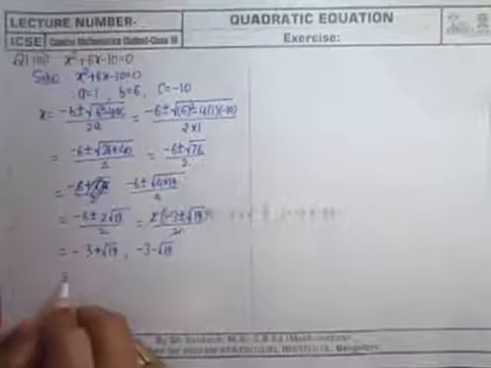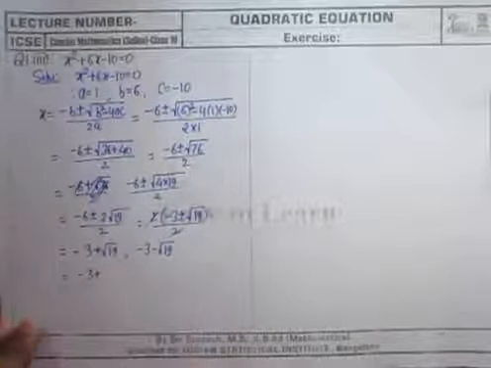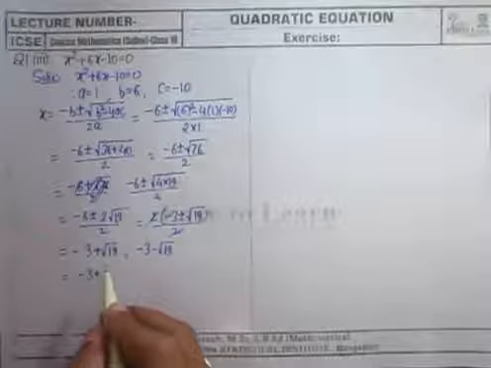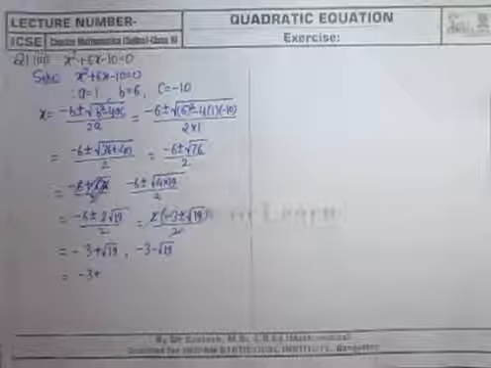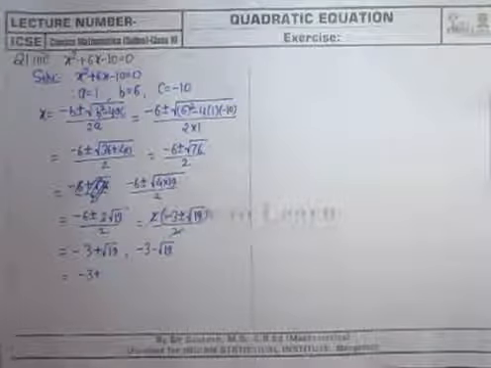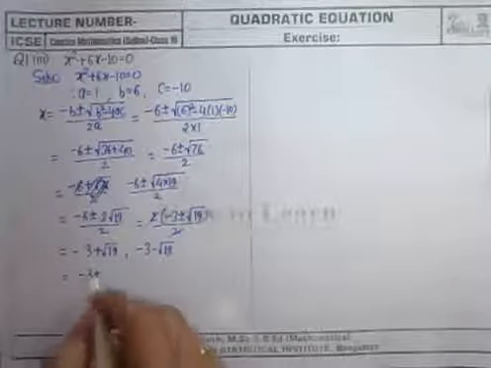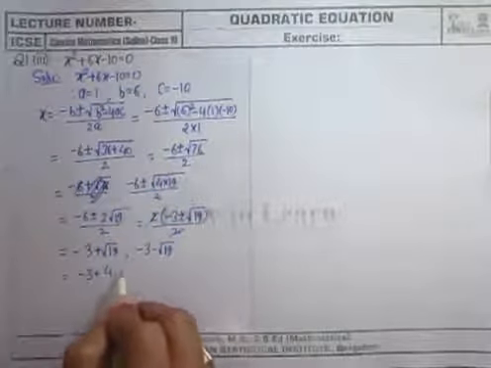So let us simplify this one. It is your choice whether you want to write the answer up to here or in decimal places. So put the value of square root 19. I have made another video for calculating the square root, so you can watch that video. Here the value of the square root is 4.36.